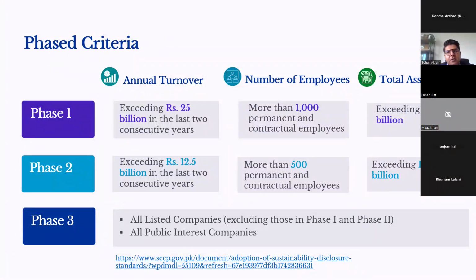So if their annual period starts from 1st January 2025, they will be required to make their annual reports, and the timeline after 12 months would be 31st December of 2025.